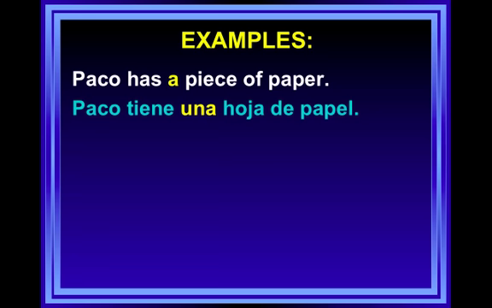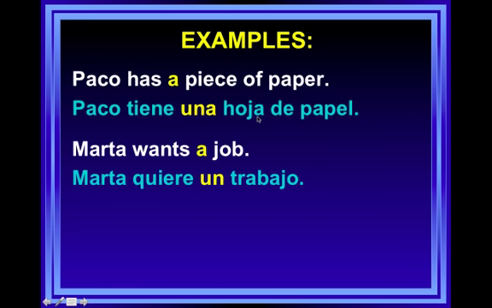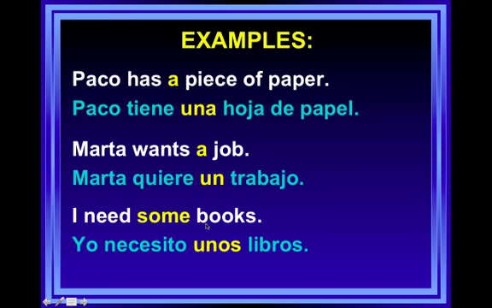Paco tiene una hoja de papel. Notice how una and hoja are both feminine and singular. Marta wants a job. Marta quiere un trabajo. Both of these are masculine and singular. I need some books. Yo necesito unos libros. Now these are both masculine and plural.